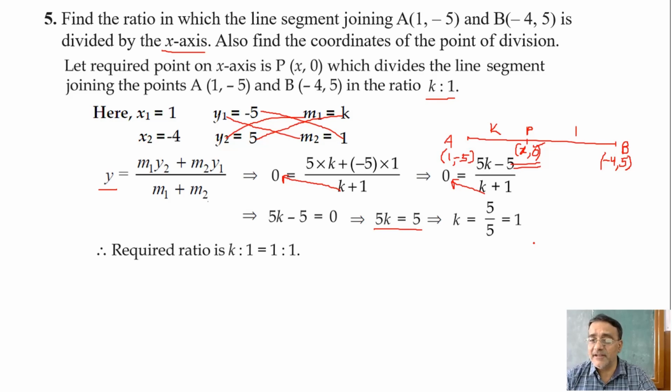That also you can write here if you want to find the value of x. नहीं तो you can use this formula, the direct section formula.